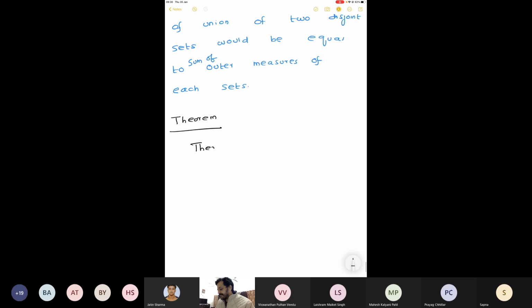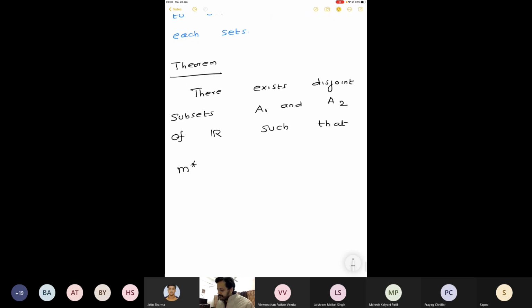There exist disjoint subsets A1 and A2 of R such that the Lebesgue outer measure of the union is not equal to the Lebesgue outer measure of A1 plus the Lebesgue outer measure of A2. I can construct two such sets.